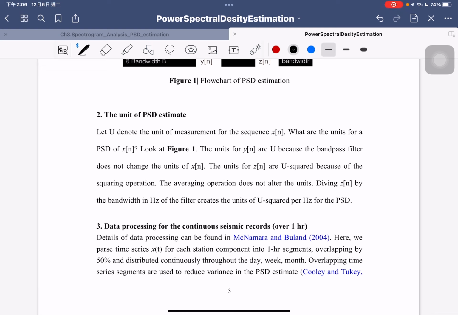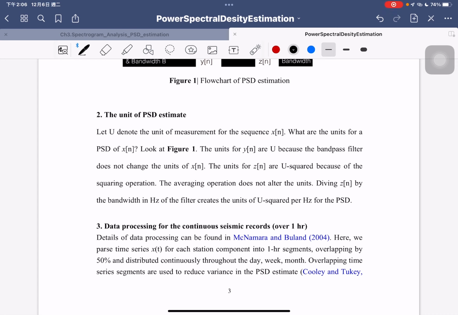And the second question is, after we compute the power spectrum density, what's the unit of the power spectrum density? I just write down some important ideas, but notice that the U is the unit of our input data.